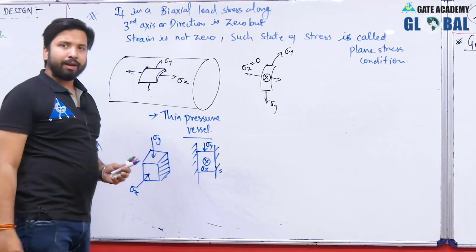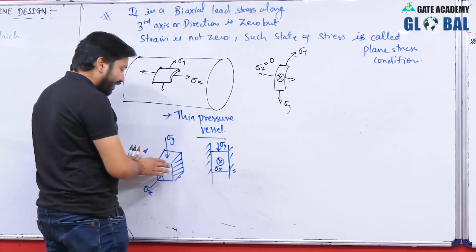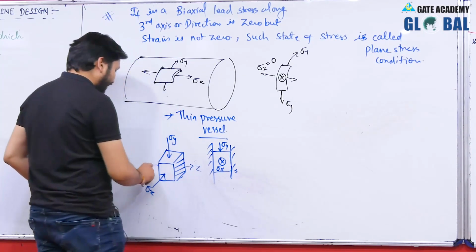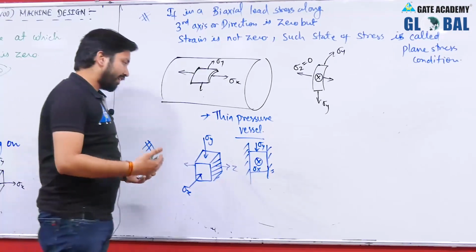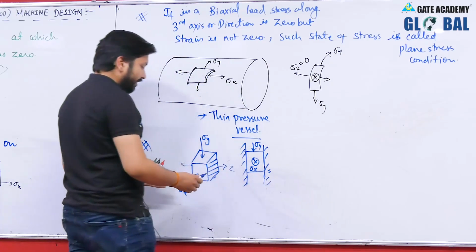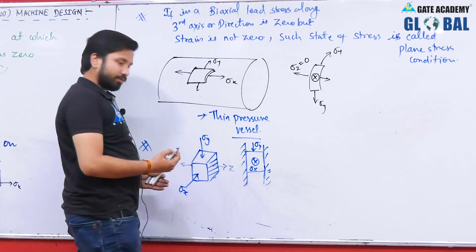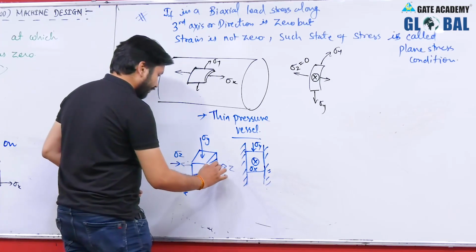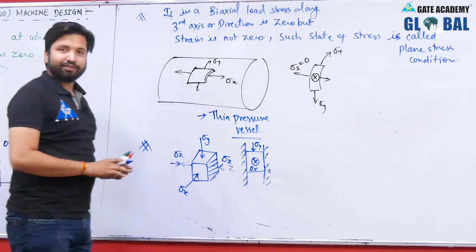But as the material can deform along this direction, that is, if this is z direction, then the material can also deform about z direction, but the deformation is being restricted by fixing the member between two rigid walls. Hence, due to this restriction, a stress will definitely induce, sigma z will be there, due to the restriction in the deformation.